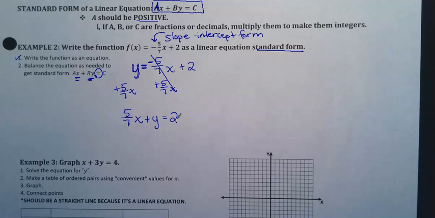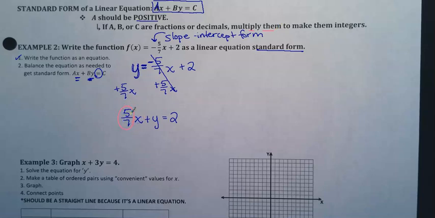All right, so we're in semi-standard form. The problem now is that a should be positive, and if it's a fraction or a decimal, we have to multiply to make it an integer. So this 5/7 is a fraction.